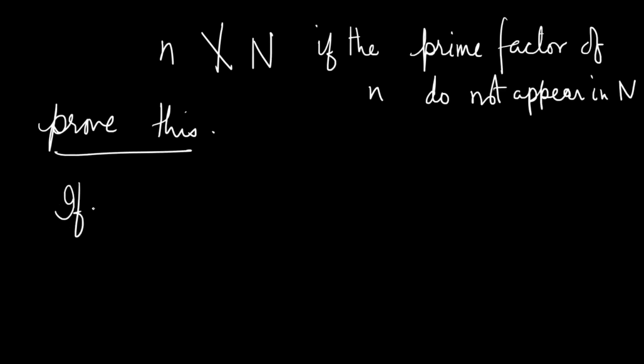This is a 2 or 3 line proof. If n divides N, this implies that capital N is some multiple of n.